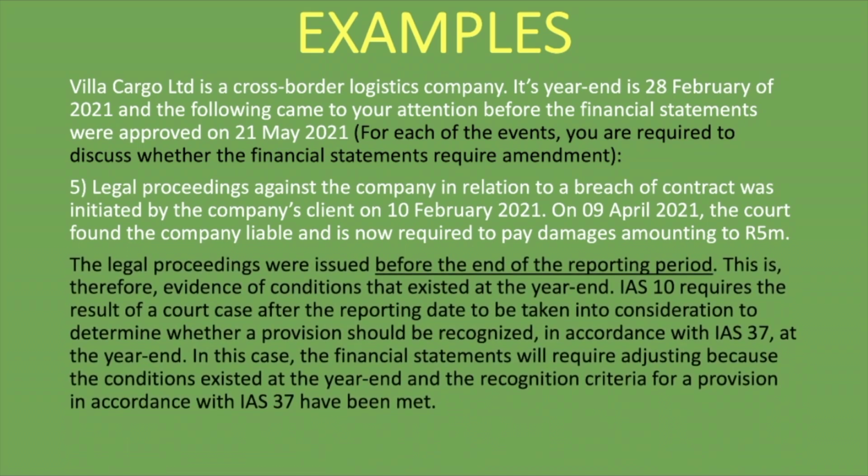This is therefore evidence of conditions that existed at the year end. IAS 10 requires the result of a court case after the reporting date to be taken into consideration to determine whether a provision should be recognized in accordance with IAS 37 at the year end. In this case, the financial statements will require adjusting because the conditions existed at the year end and the recognition criteria for a provision in accordance with IAS 37 have been met.